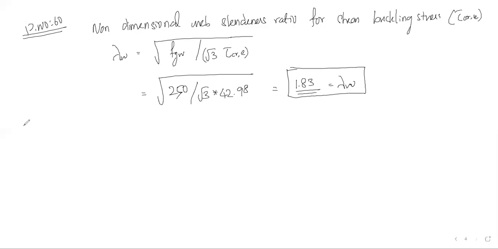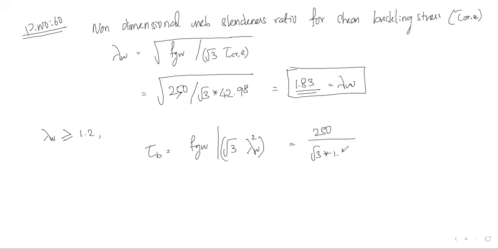Now the condition is, if lambda W is greater than or equal to 1.2, then tau B is equal to FYW divided by root 3 into lambda W the whole square. So 250 divided by root 3 into 1.83 square. Substituting, I am getting the stress value as 44 Newton per mm square.